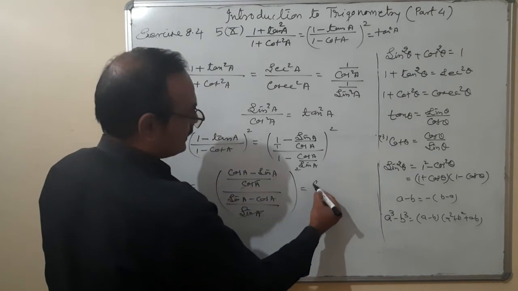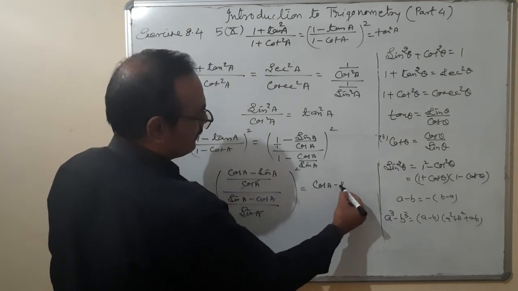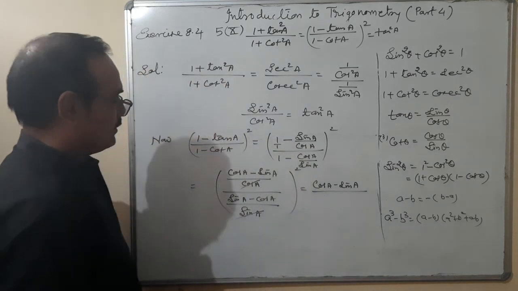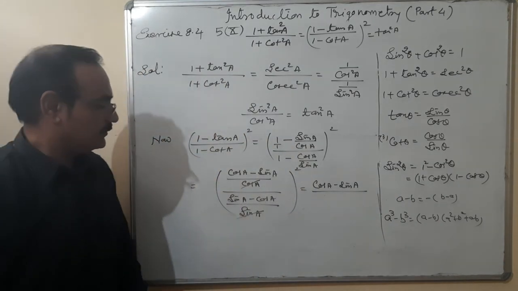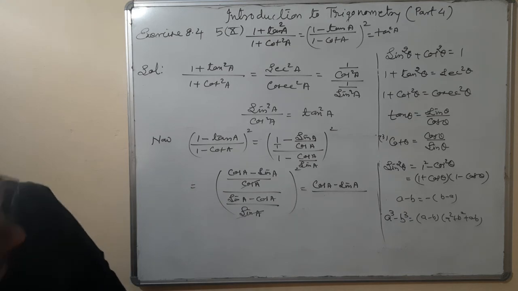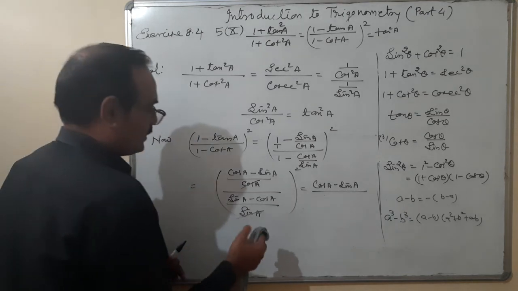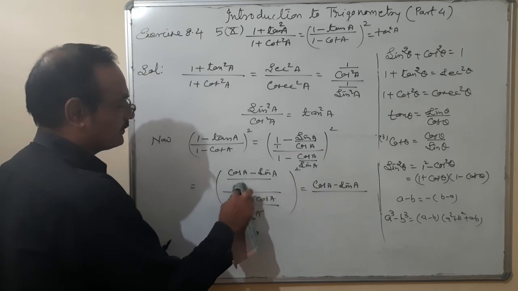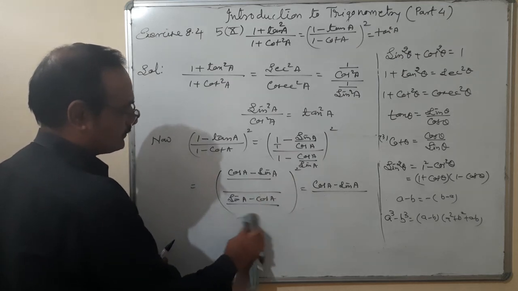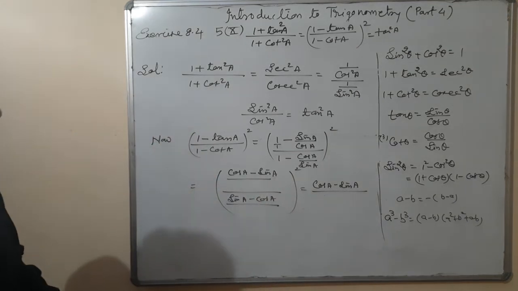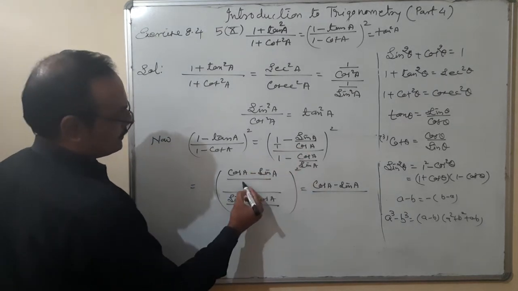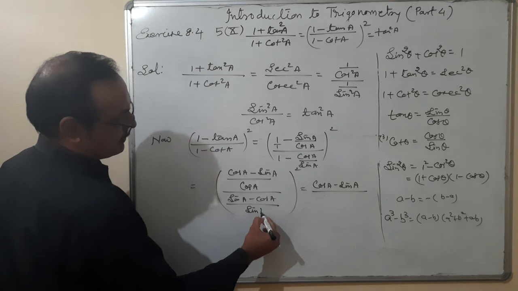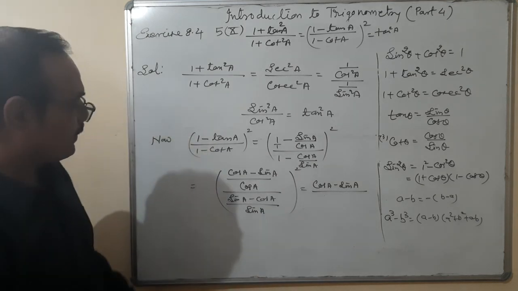Cos A minus sine A upon sine A minus cos A. Cos A and sine A will not be cancelled. They are not going to cancel.